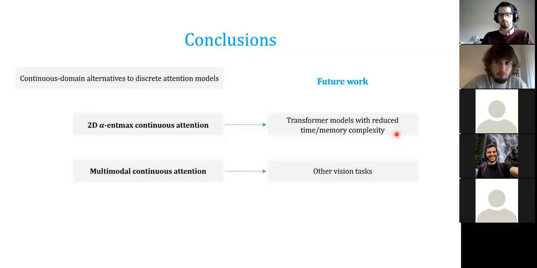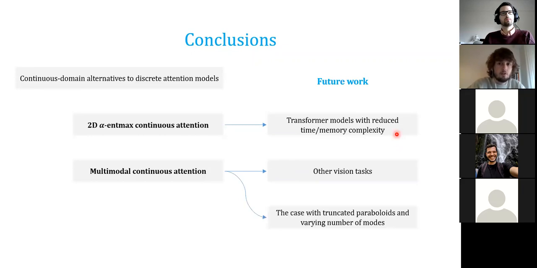And concerning multimodal attention, the first step would be to try out different applications that could benefit from looking at different regions at the same time, for instance, tasks like visual counting. And another idea is to consider mixtures of truncated paraboloids, where the case in which different components have disjoint support seems particularly interesting to study.